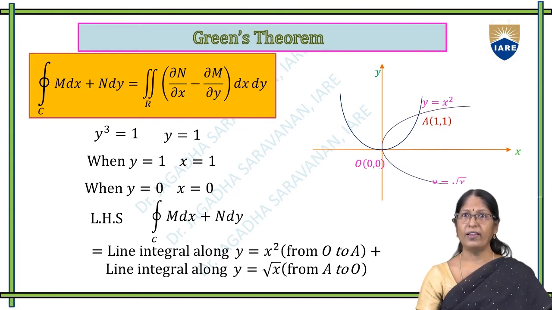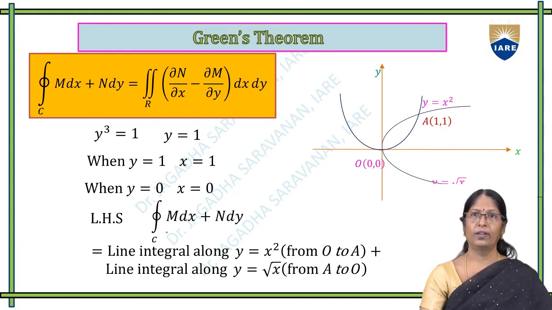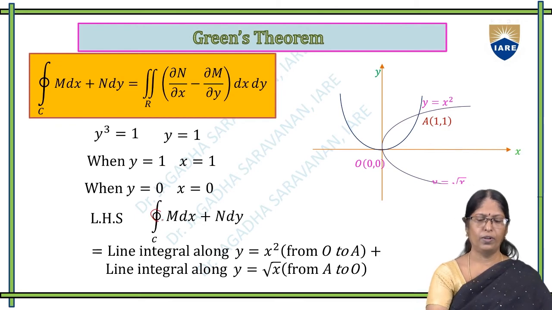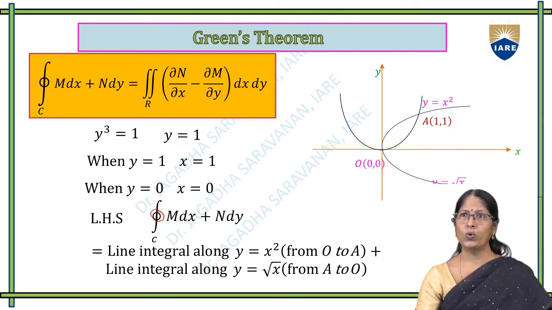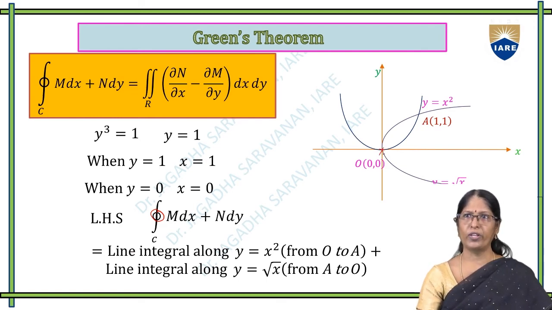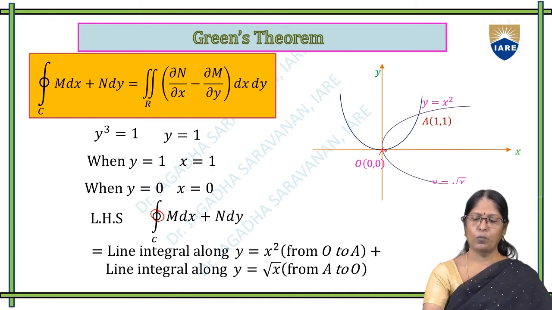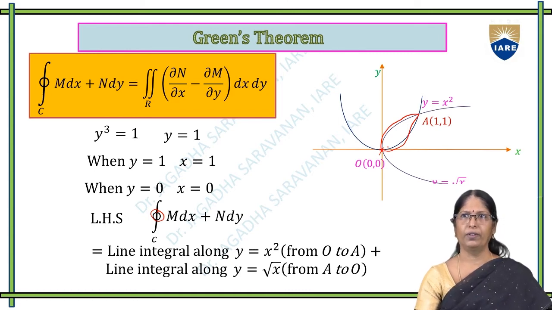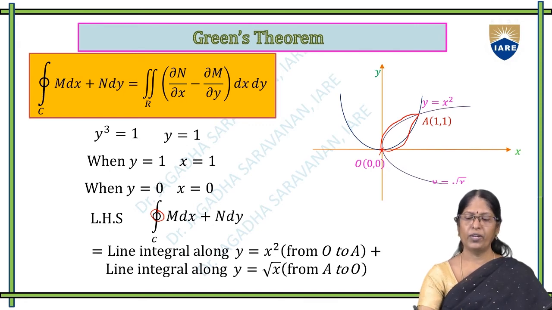That is a line integral. It's a closed curve: starting from the origin, a point moves to A, and from A it comes again to the origin. The starting and terminating points coincide, so it is a closed curve.